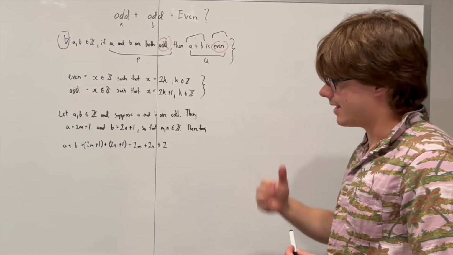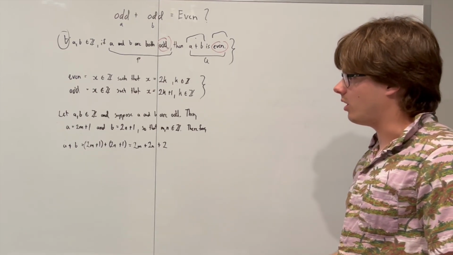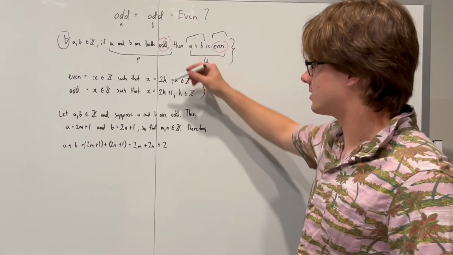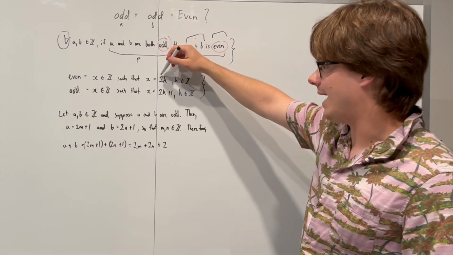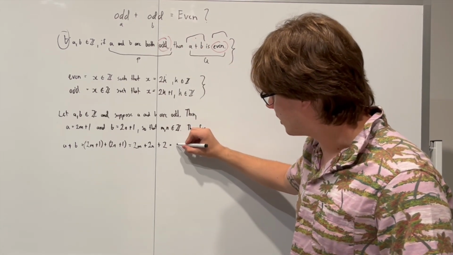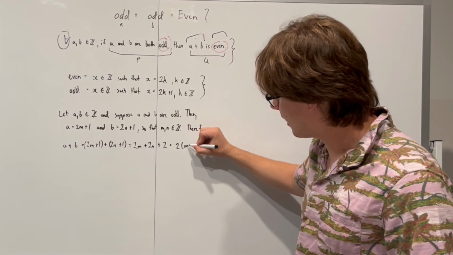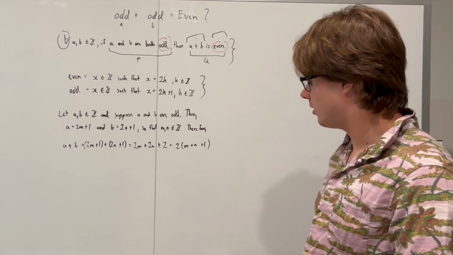Okay, is there a way to get this to be an even number? The answer is, well, can we get it to look like this? Whatever we're looking at, x plus y, whatever, can it be 2 times some integer? Well, let's factor out 2 here. 2 times (m plus n plus 1). Okay, awesome.